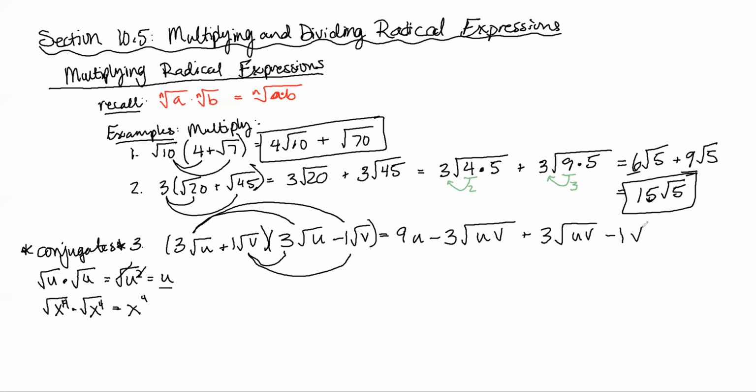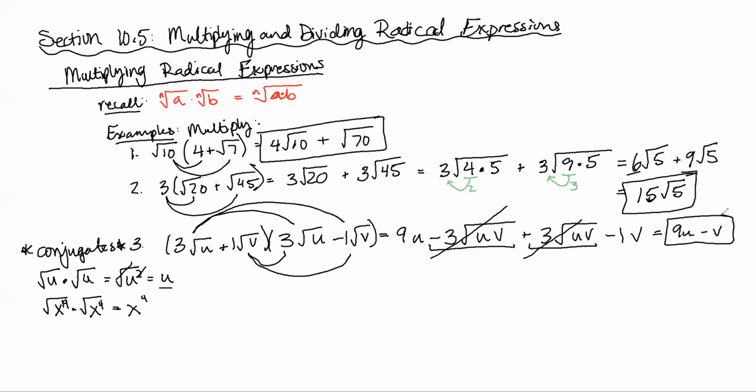Now, if we go ahead and look at what we have here, what like terms do we have? Well, if you look at our terms in the middle, these are opposites of each other. Even though there's a bunch of stuff going on here, we have a square root, we have a u and a v. They are opposites, so they actually cancel out. And so we're just left with 9u minus 1v, or minus v.